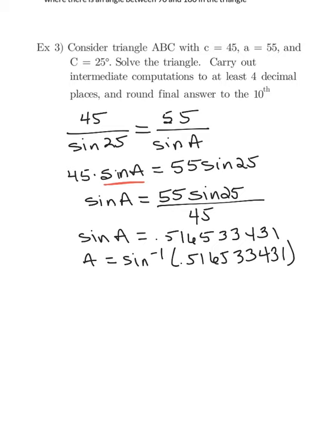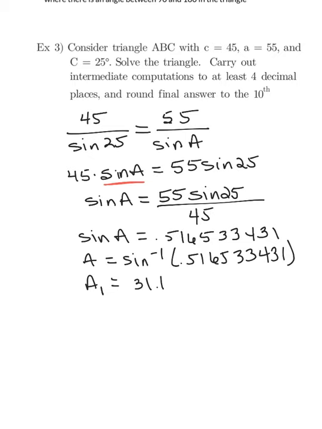So you can put that in your calculator, and in so doing, you should get 31.1, rounded to the tenth as our directions say. So that is our first possibility. Because it's my first possibility, I call it A sub 1. This is the first triangle that we could have. What we're going to do later is see, do we also have a second triangle?